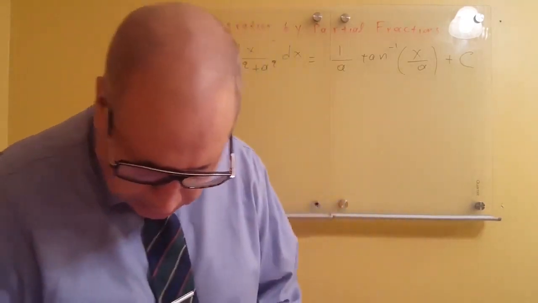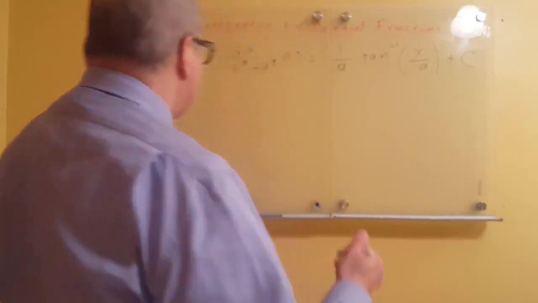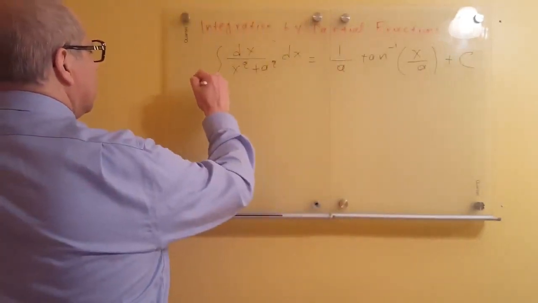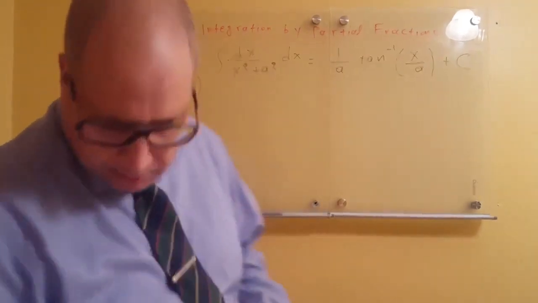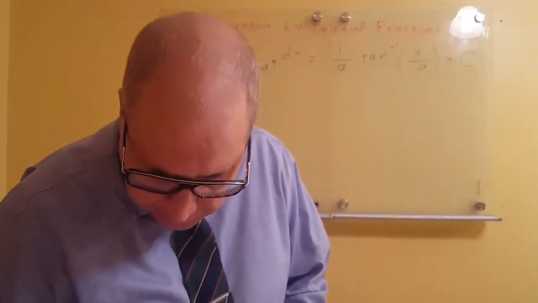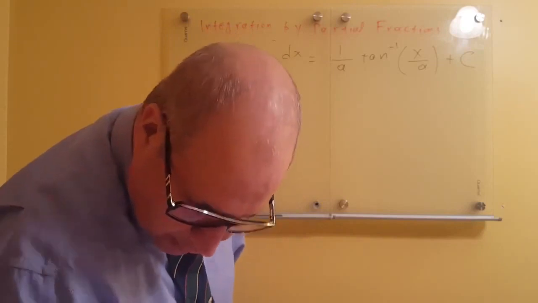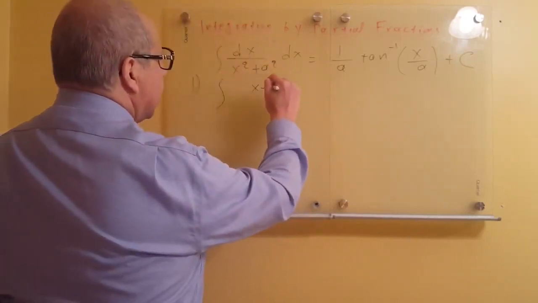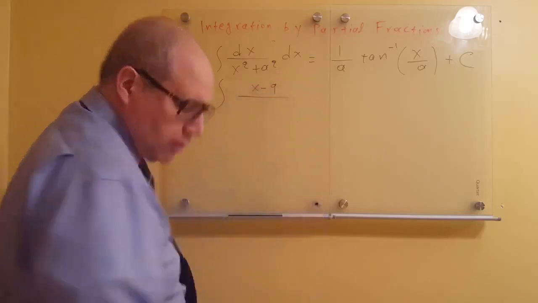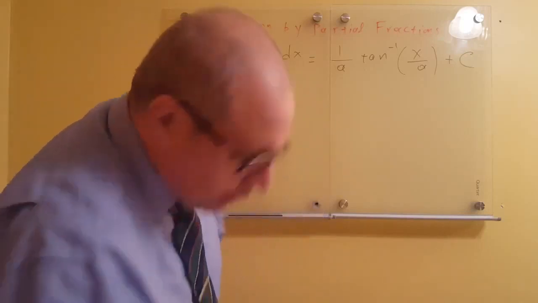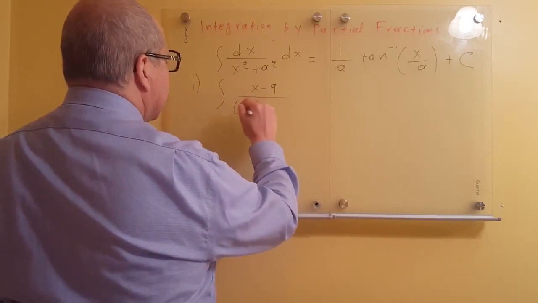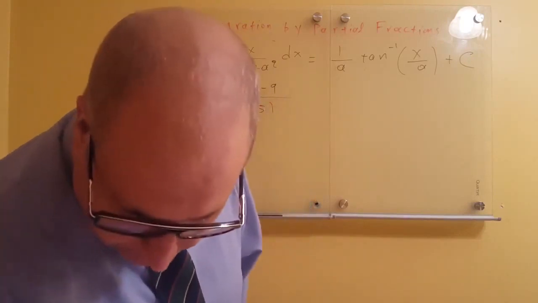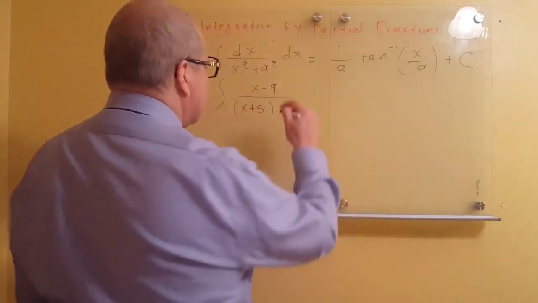I will start from this problem here. We have to find the integral of x minus 9 over x plus 5 times x minus 2.